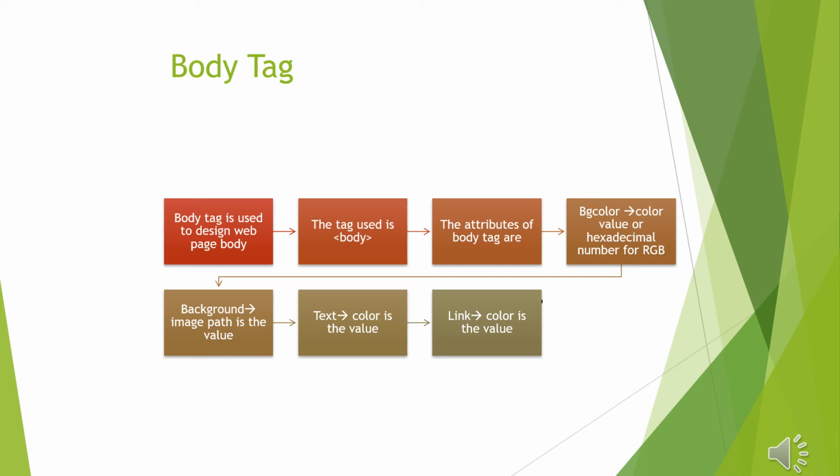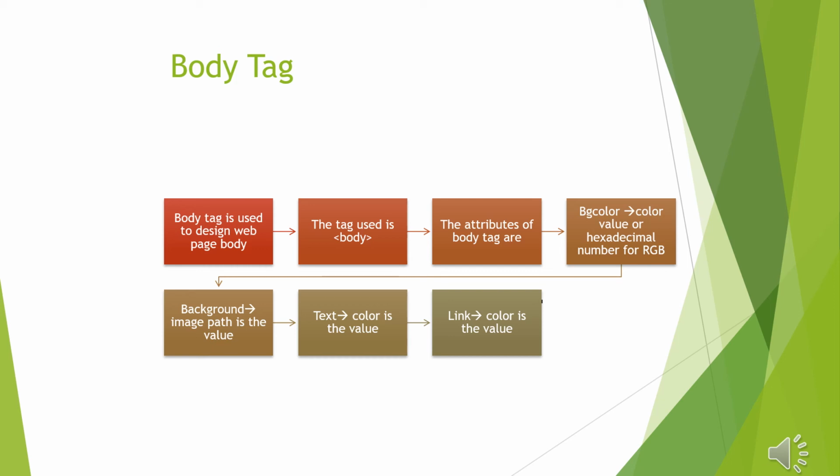If you give a combination of the colors, then the combined color is displayed. If you give FFFF00, then the color that we are going to get is the combination of red and green. So depending upon the color saturation value, the color percentage value that you want to give, you can give using this RGB hexadecimal number, that is 000000 to FFFFFF.